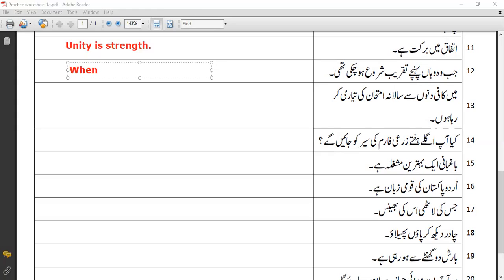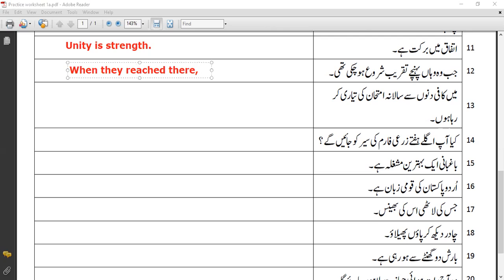Once you learn the pattern of these kind of conditional sentences, you can translate any of the conditional sentences in your exams. Okay, जब वो वहां पहुंचे, when they reached there. All right, THERE, don't write THEIR here. वहां, there. When they reached there, तकरीब शुरू हो चुकी थी.